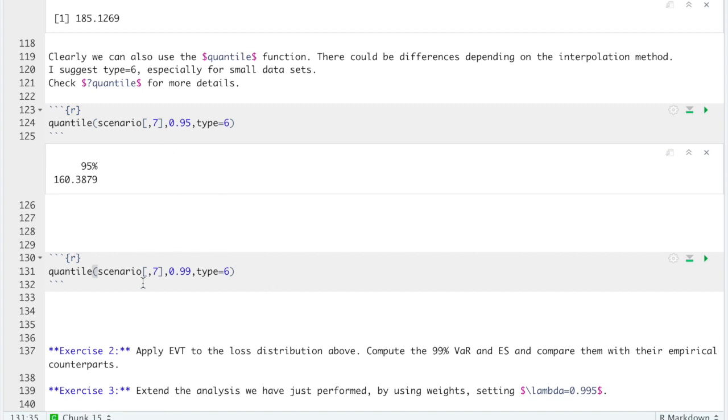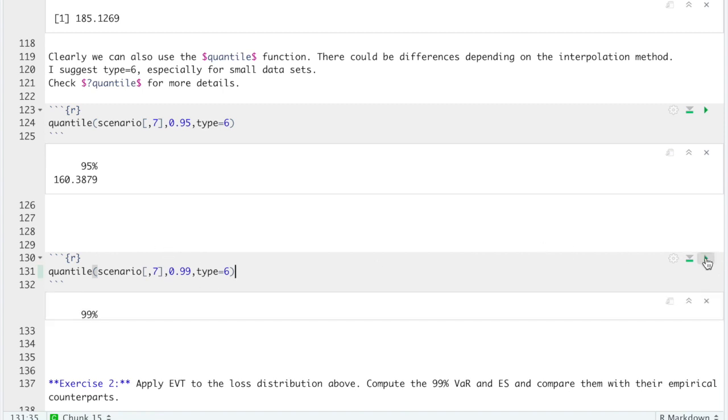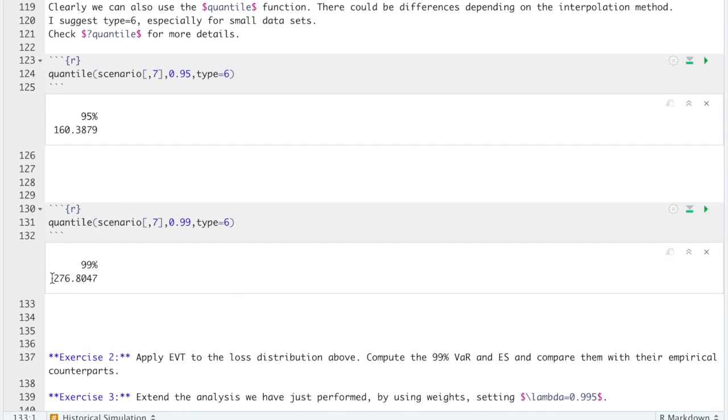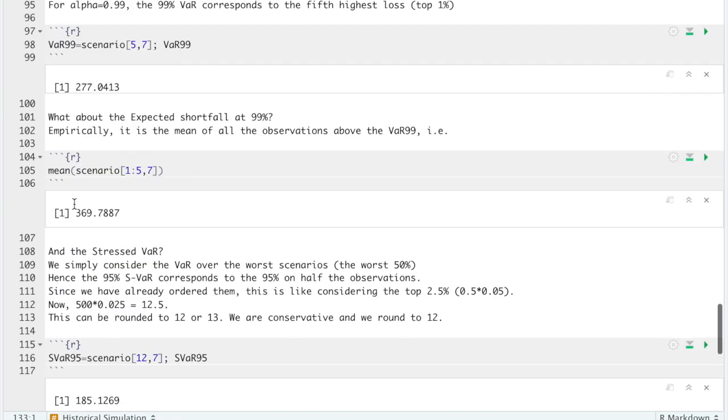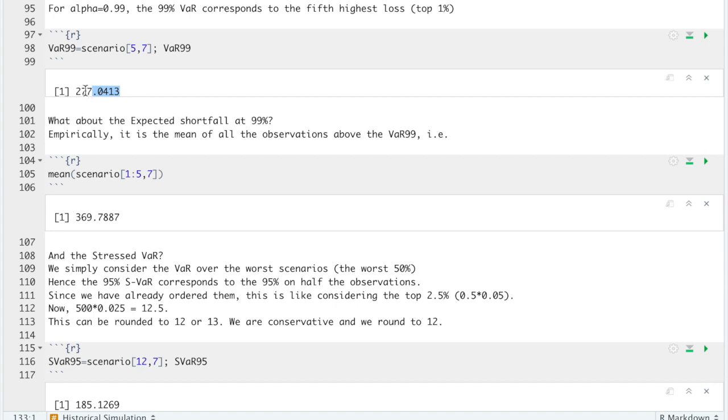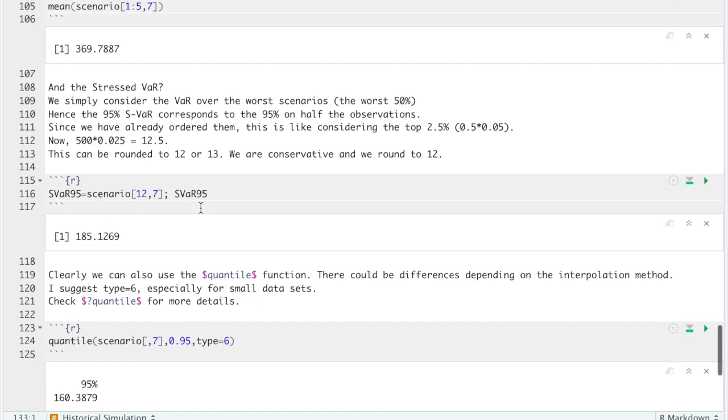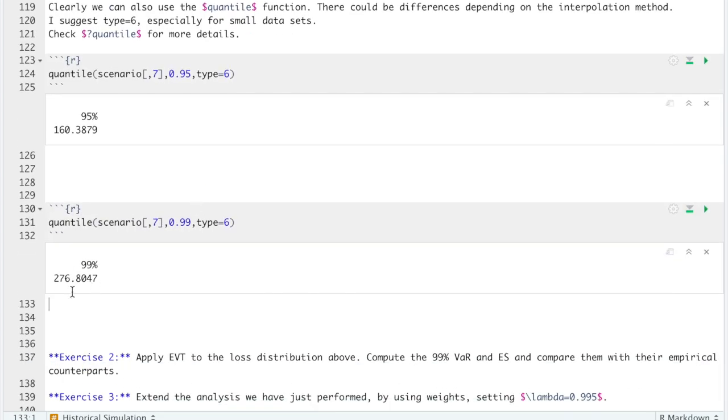If you want to compute the 99% value at risk, always using the quantile function, what we get is a value of 276, and this value is again close to the one that we have computed manually. So if we round, as you typically do, since we are not really interested in decimals in these kinds of things, the values are definitely comparable.